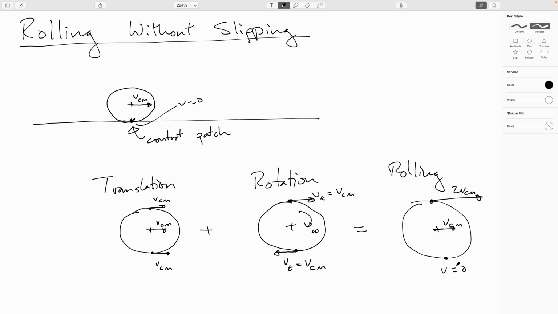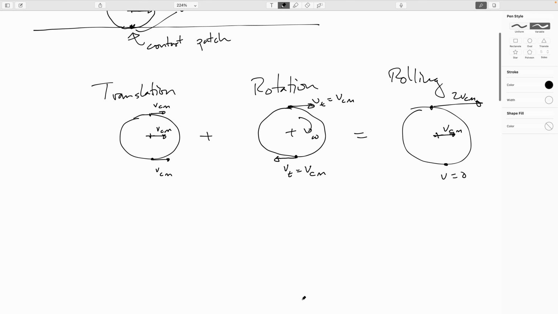So this really does hold true. And we can also pick out that these points here on the side, I'll leave that as an exercise for you to convince yourself that this point here and this point here have a total velocity of square root of 2 V_CM.